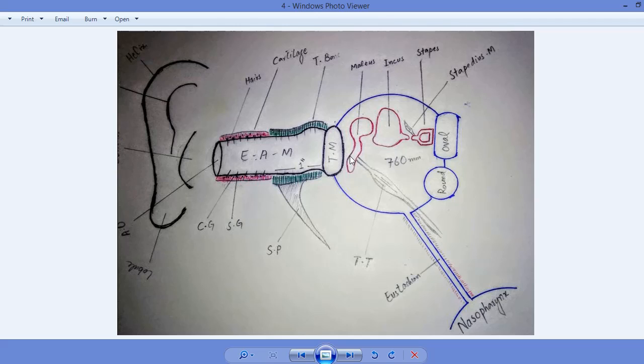Similarly, when the sound waves come through the external acoustic meatus, they strike the tympanic membrane, and it starts vibrating. When the tympanic membrane vibrates, what happens? The malleus also starts vibrating. When the malleus vibrates, this vibration is transferred to the incus, and when the incus vibrates, this vibration is transferred to the stapes, and when the stapes vibrates, this vibration is transferred to the oval window, and when the oval window vibrates, this vibration is transferred to the fluid in the internal ear.